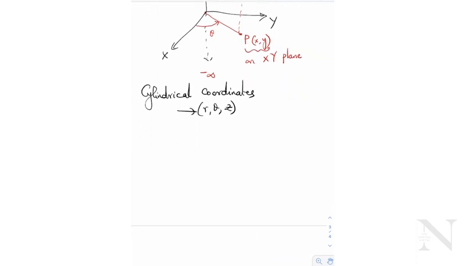And then your x is still r cosine theta, y is still r sine theta, and z is z. So dV, the volume element, would be dA times dz, because that's going to be area times height.